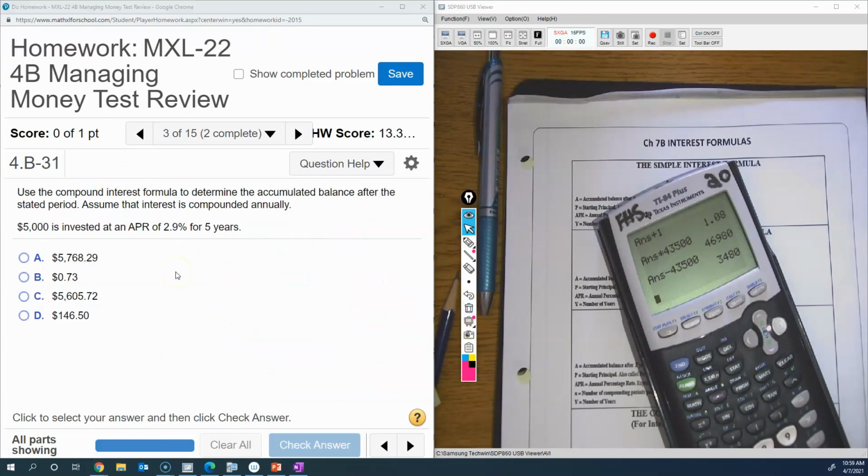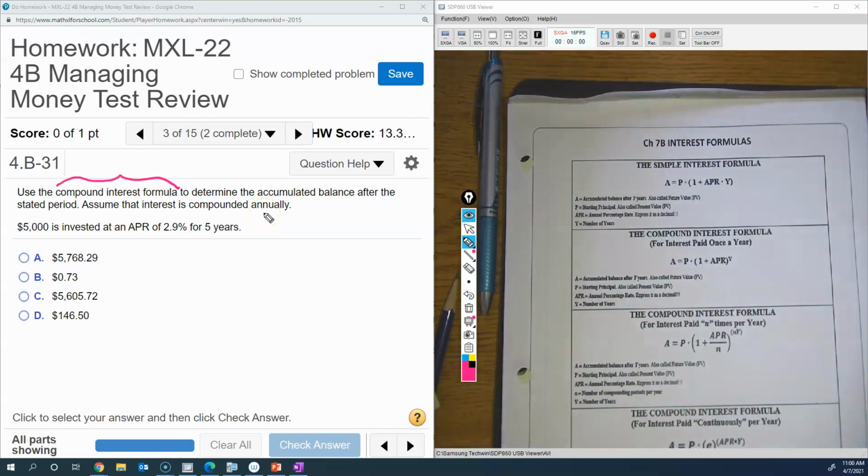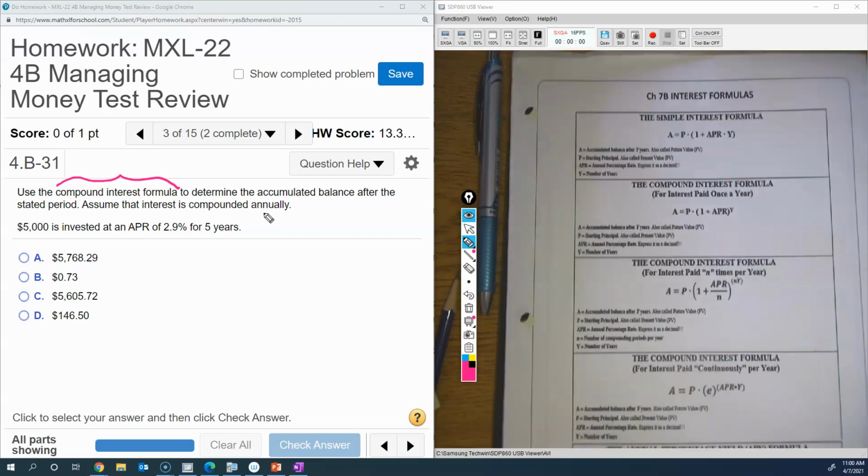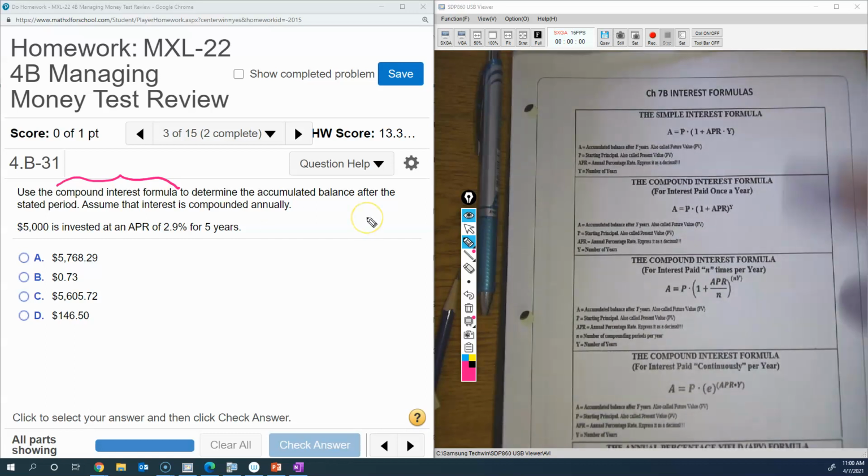All right. So now what you notice when you read these, just read them carefully, because now the formula changes. It says use compound interest formula. All right, so there's 3 compound interest formulas, these 3 right in the middle.